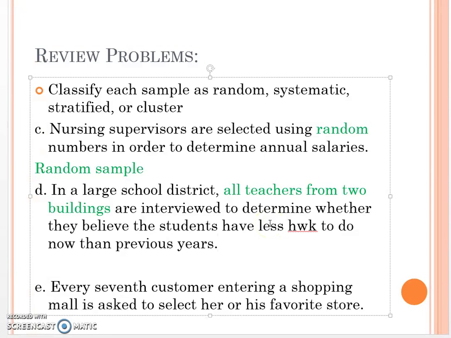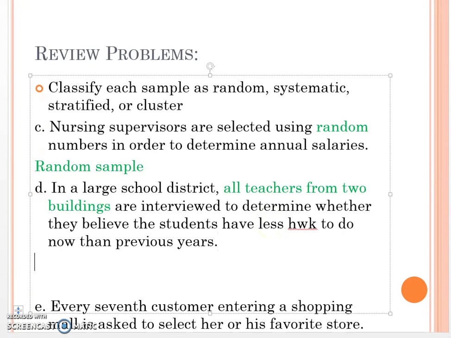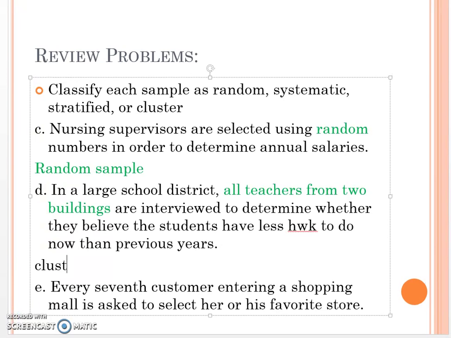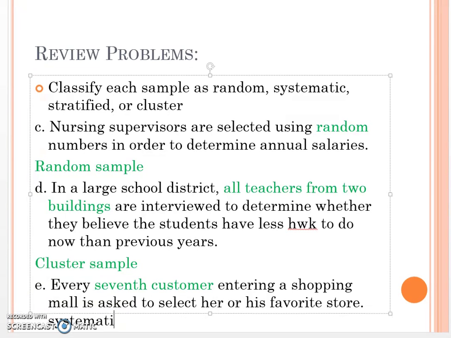That's going to be an entire cluster, so this is a cluster sample. Since they used the entire 2 buildings of teachers, this is going to be a typical cluster sample. The last one, every 7th customer. This is definitely going to be systematic, because they're picking every 7th.